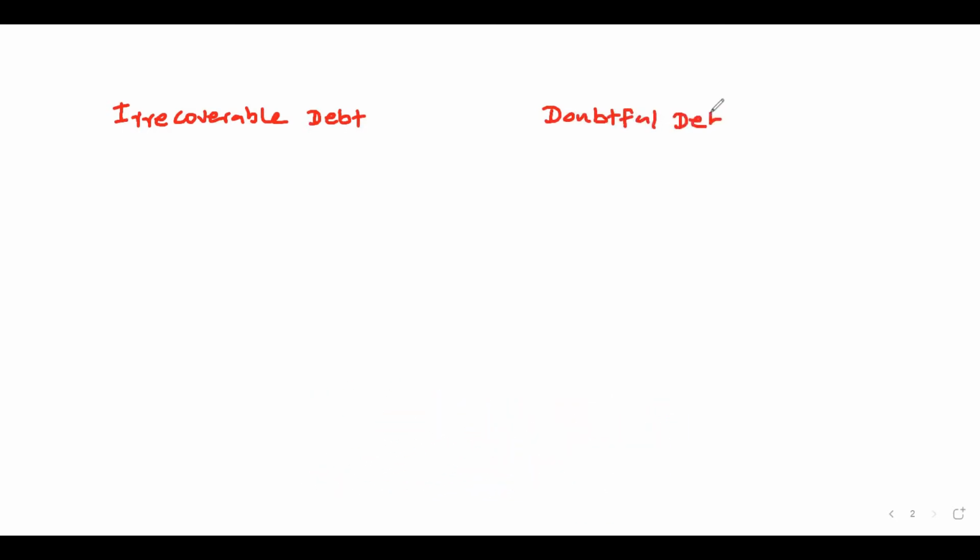What is the difference between them? We should know the difference between irrecoverable debt and doubtful debt.